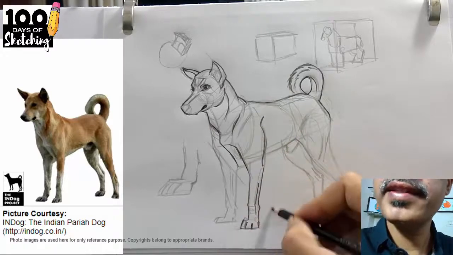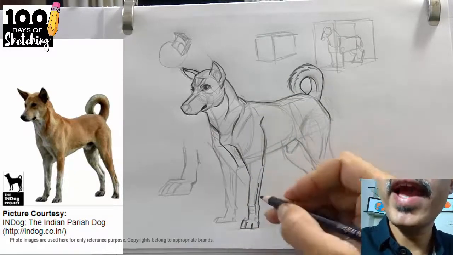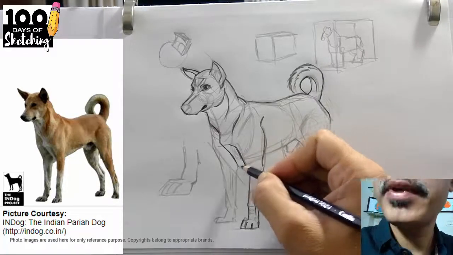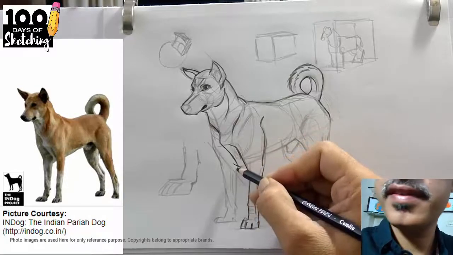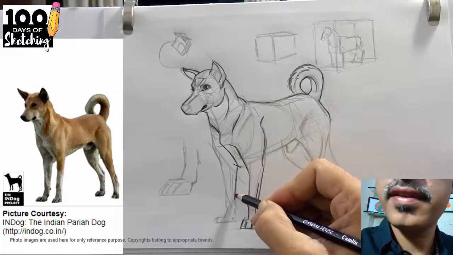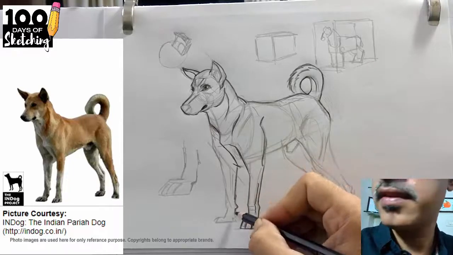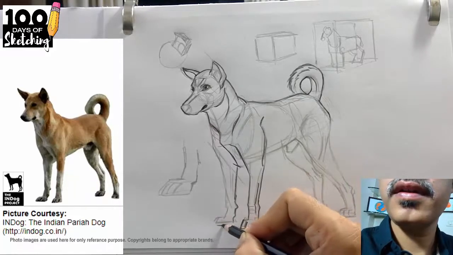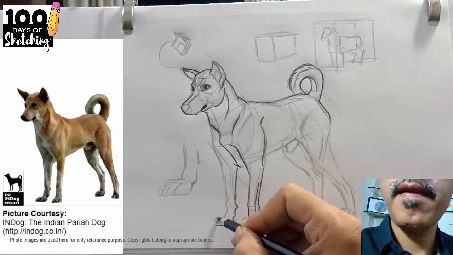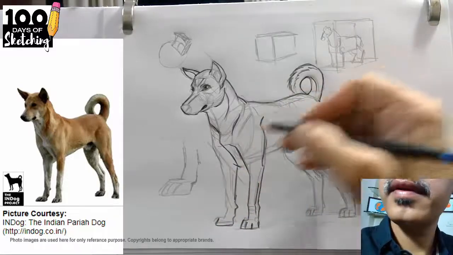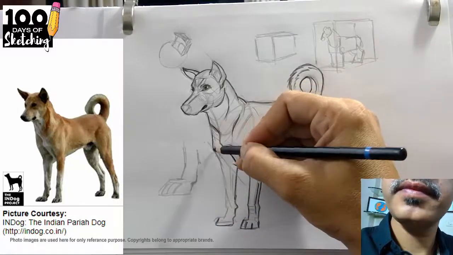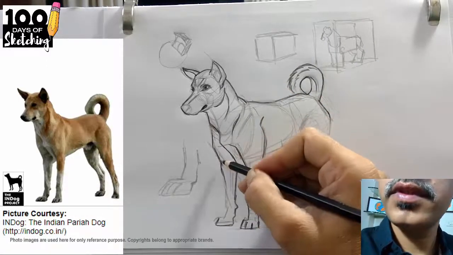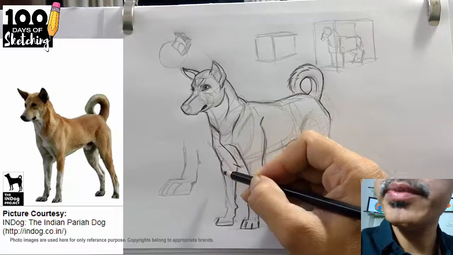This is what nice dimensions are. You get very happy that wow, it's like real dimensions. See a little bulge here also, as per the muscles.